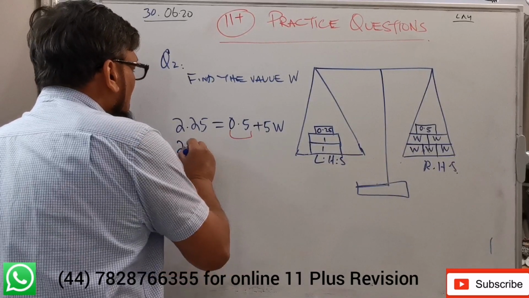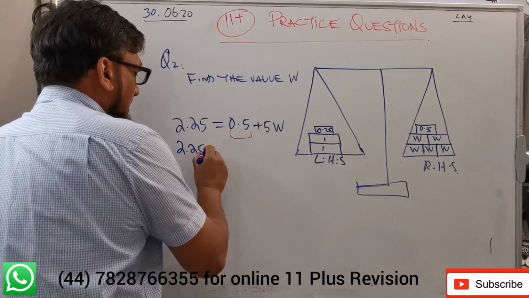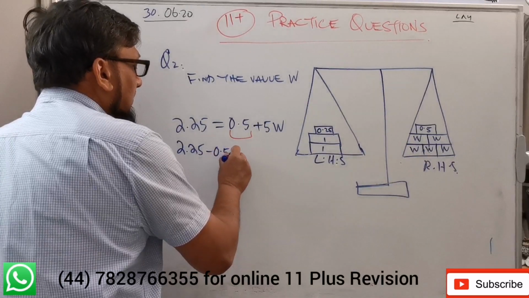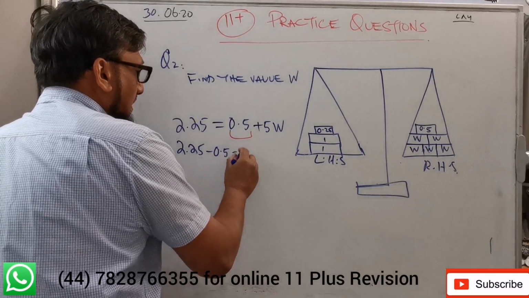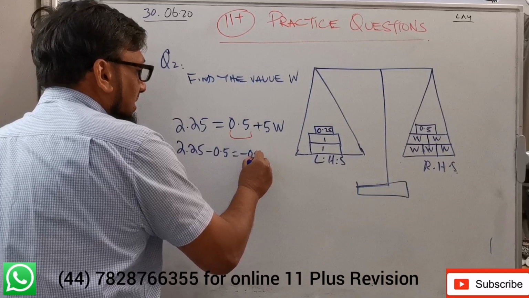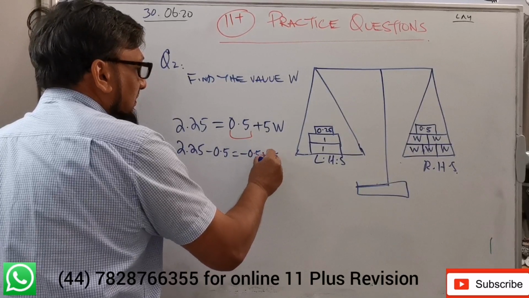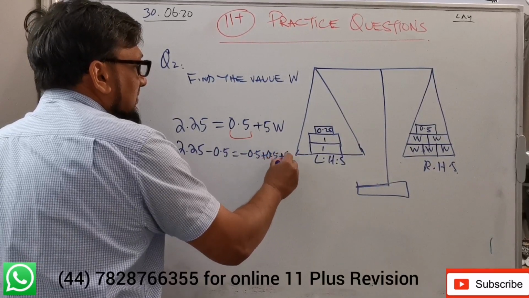So 2.25 minus 0.5 is equal to minus 0.5 plus 0.5 plus 5W.